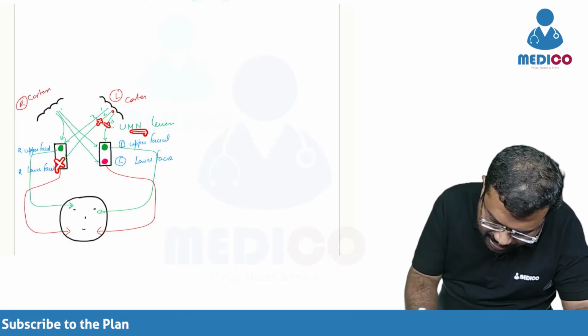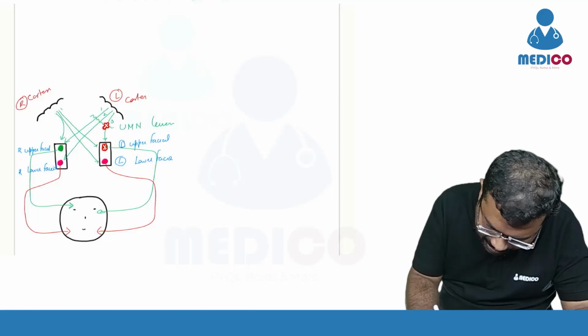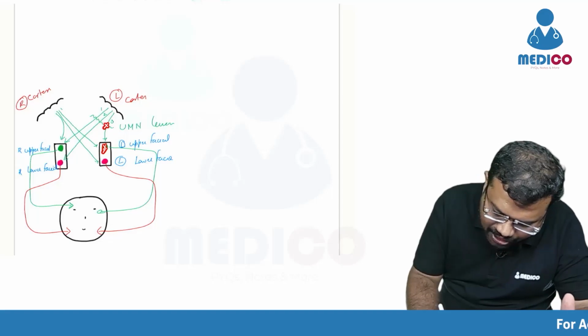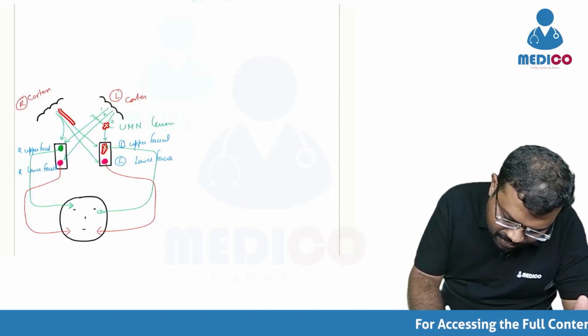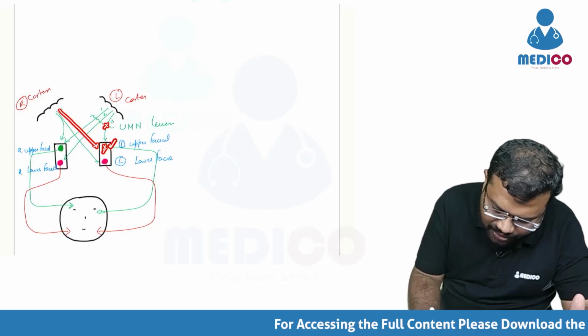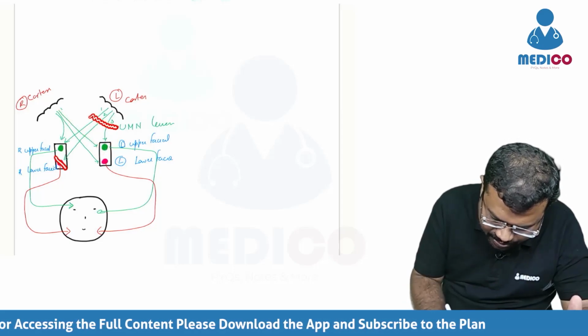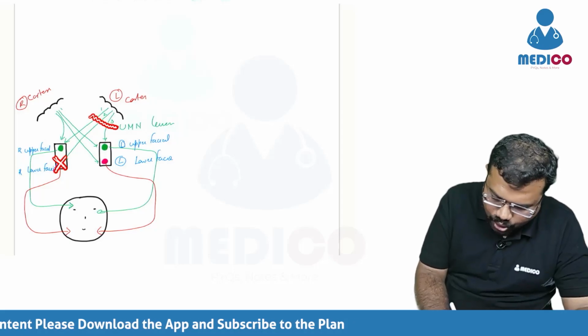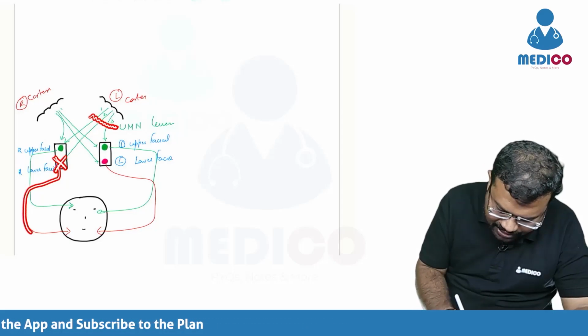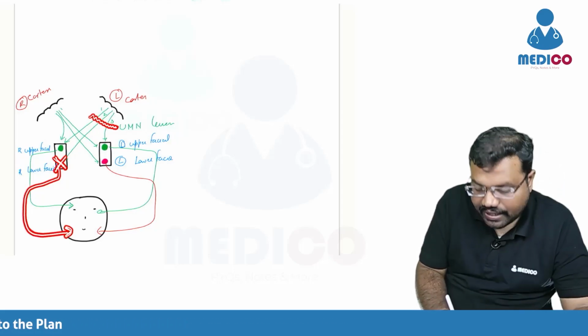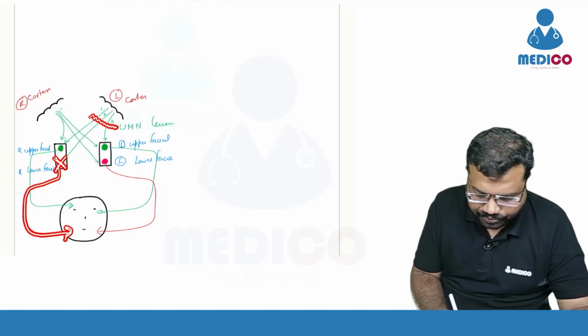And if three is damaged, then this left upper facial nucleus should not be functional, but it is receiving fibers from the contralateral side, so it is still functional. So in case of lesion of fibers 1, 2, 3, the effect is present only on the right lower facial, and if it is damaged, then the lower face will get paralyzed.